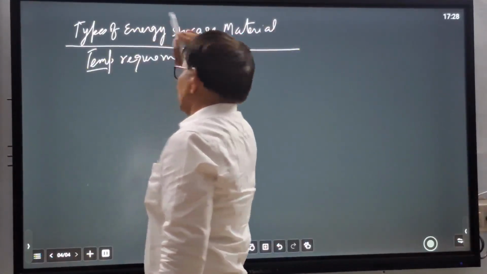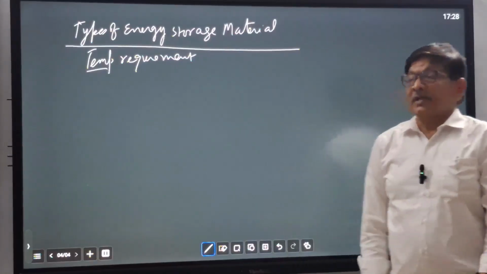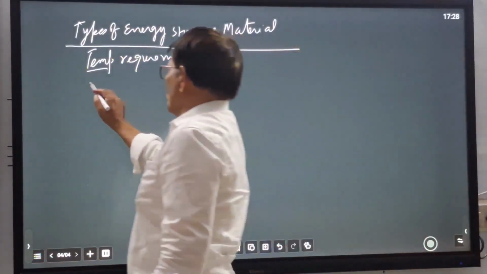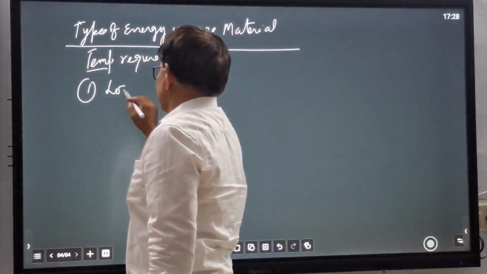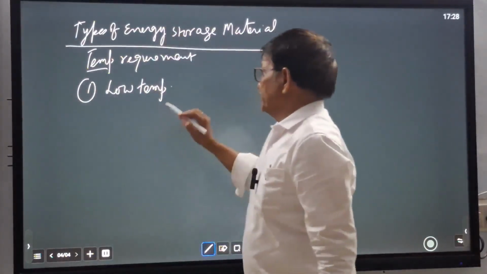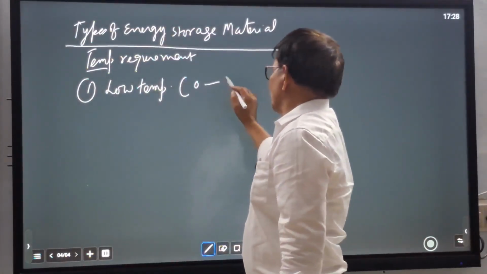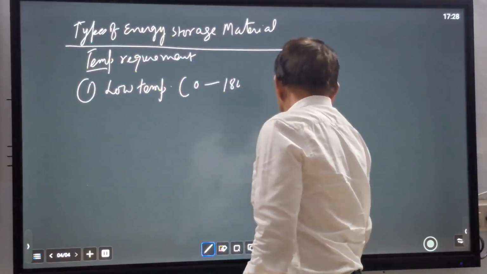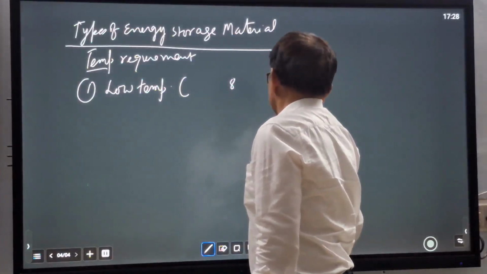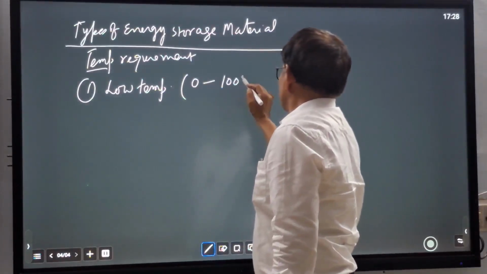Number one, low temperature, 0 to 100 degrees centigrade.